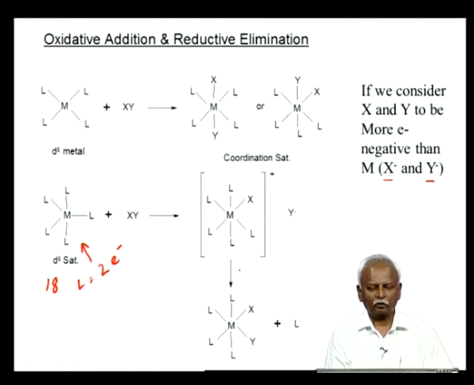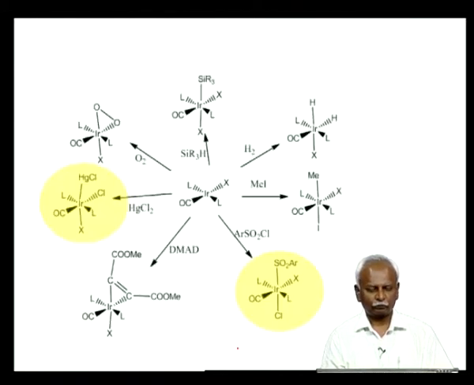Now, notice the oxidation state of ML5X+ is +2 units compared to what you started out with, because X is considered as X minus, and so what you have is transfer of 2 electrons, 1 electron to Y to form Y minus and 1 electron to X to form X minus, and so you have oxidation state change of 2.